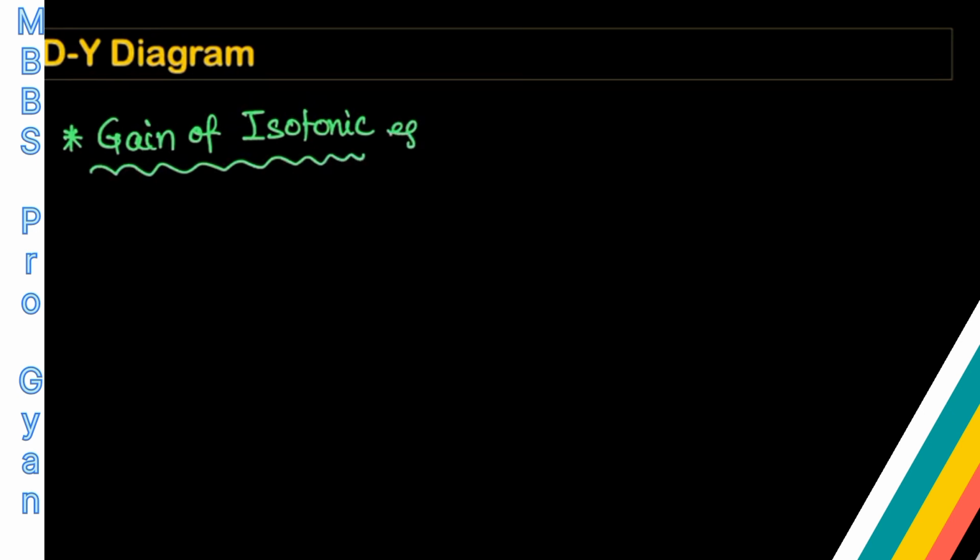That means the example we have already given, suppose you have given 0.9% NaCl solution to a person. What will happen? ECF volume will increase, or ICF will increase, or both compartment volumes will increase. What will happen to the osmolality of this person? If I ask you this kind of question, then the answer will be given by this Darrow-Yannet diagram.